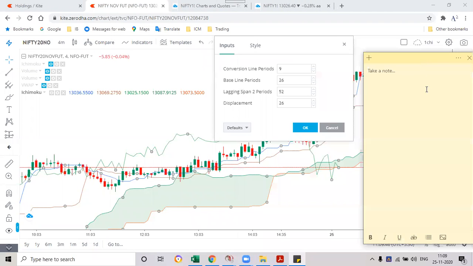In books they would have written the conversion line as Tenkan-sen. Now, from a layman's point of view, this will be very close to the price.